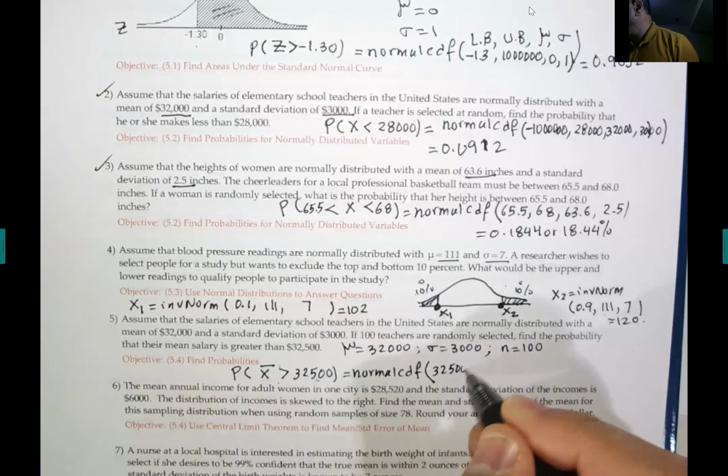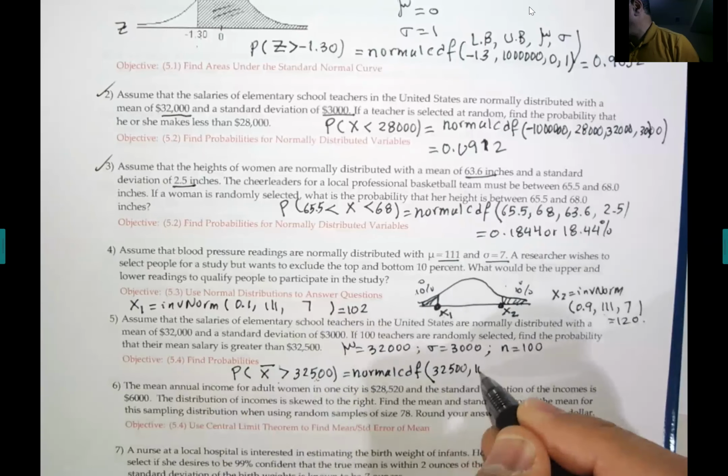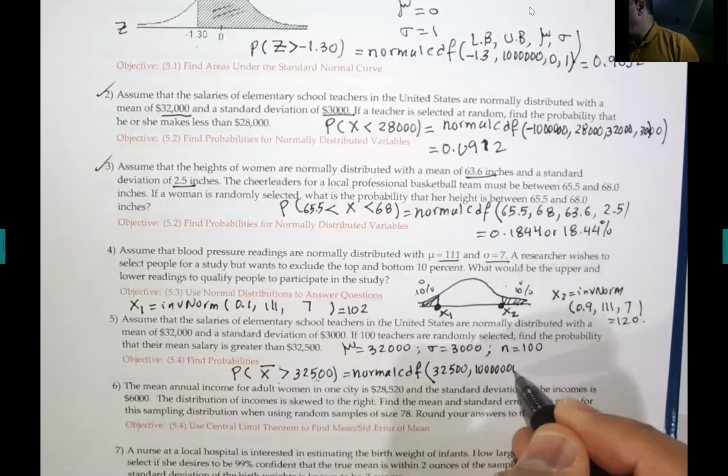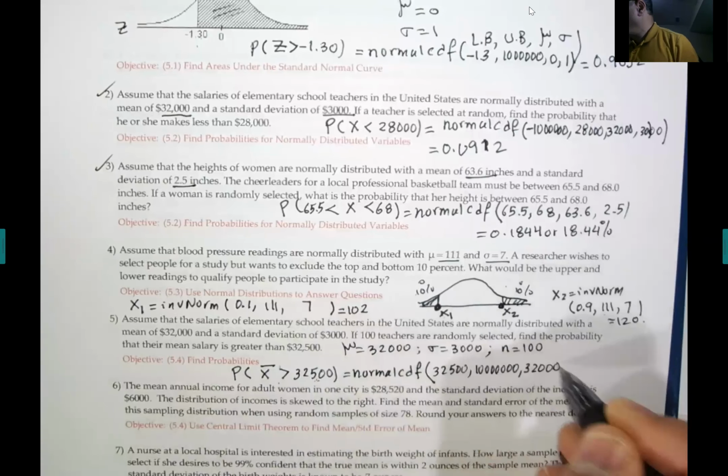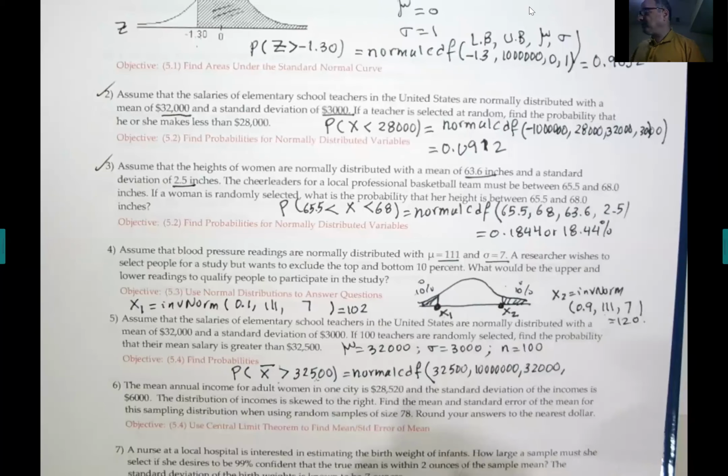Your upper bound, the sky is the limit. So I'm just going to put 0 here. Mean, 32,000. And now we're going to pause. If you put 3,000, guys, you're going to lose the credit on this question. Because when you work with samples, the original standard deviation does not remain the same, it changes.